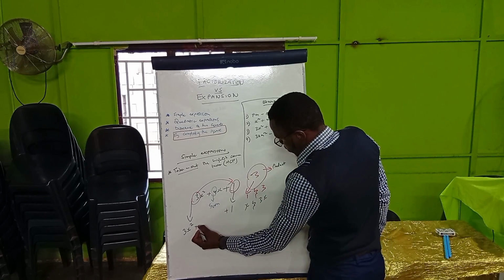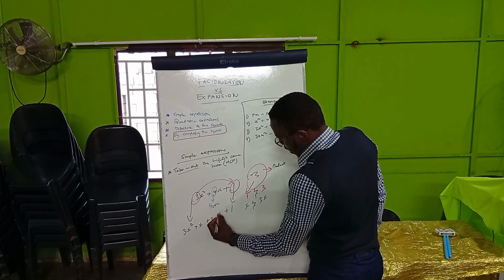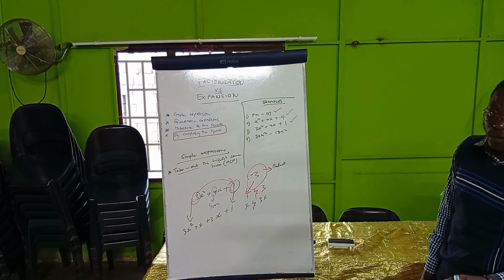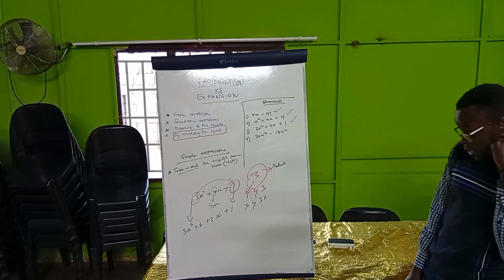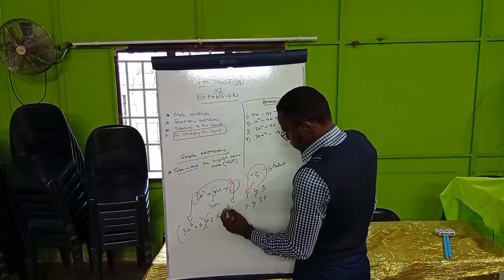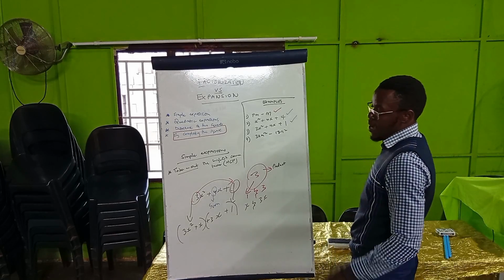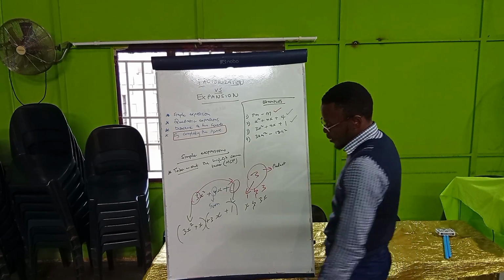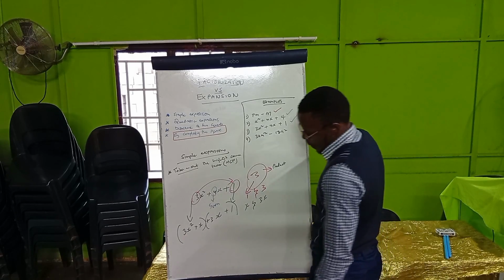So it will be plus x plus 3x. So we're now actually forming 4 terms. Then in grouping, group the first 2 and group the last 2. Take out the highest common factor. In this case, it is 1.